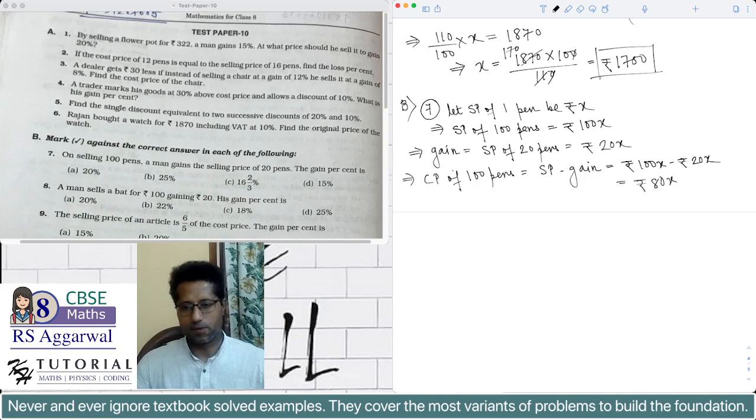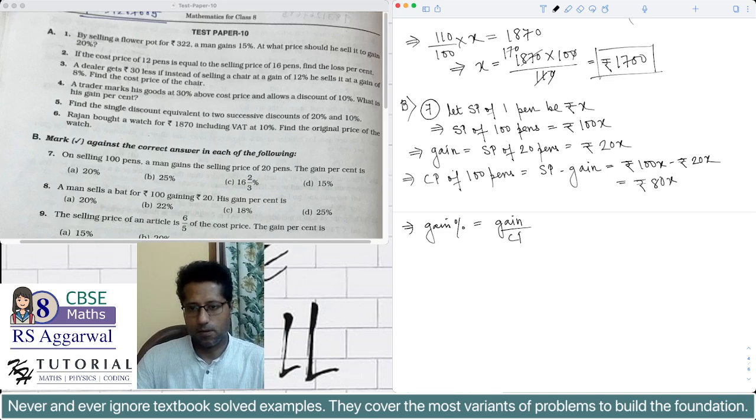So this is the cost price of 100 pens, and the total gain is rupees 20x. So gain percent will be equal to gain divided by CP multiplied by 100, this much percentage.